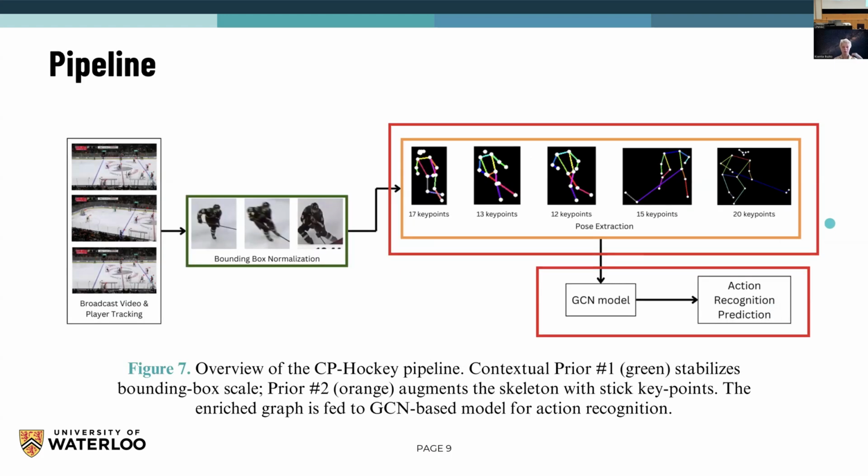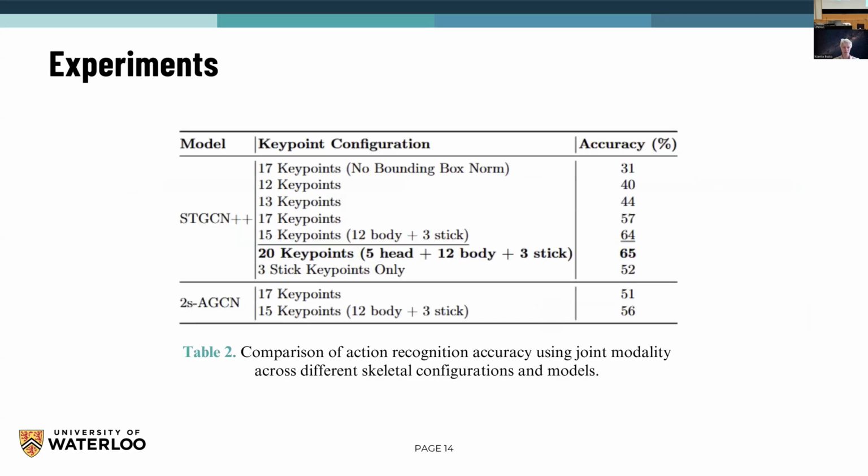So after we extracted skeletal configurations, the last step is to feed them into the GCN-based model and get an output of the class action prediction. Moving on to the quantitative results, we evaluated two GCN-based models, ST-GCN++ and 2S-AGCN, and as shown in Table 2, ST-GCN++ consistently outperforms 2S-AGCN across several key point configurations.